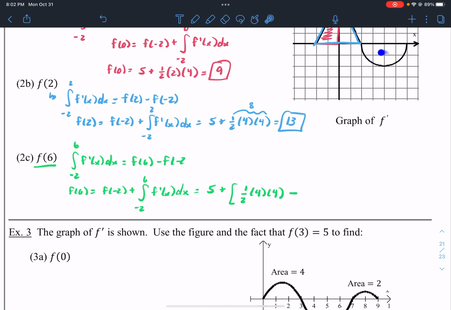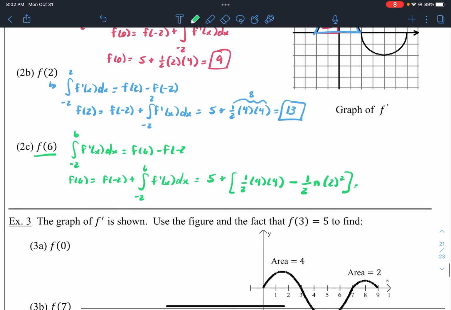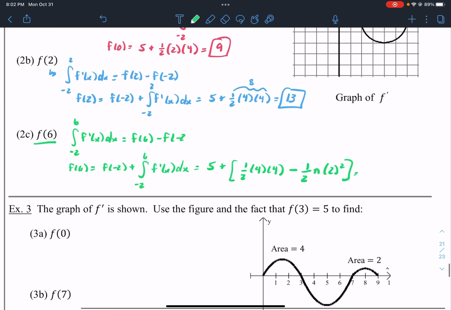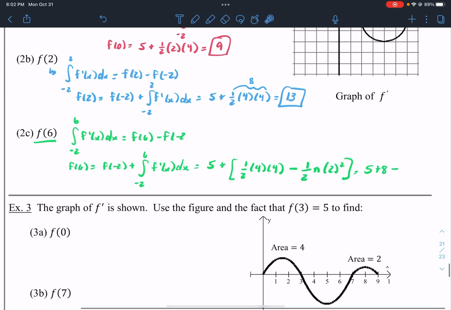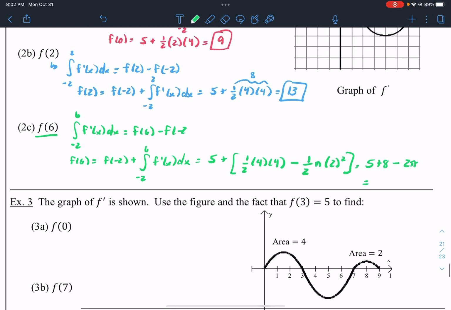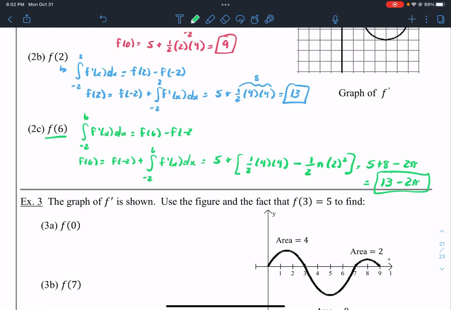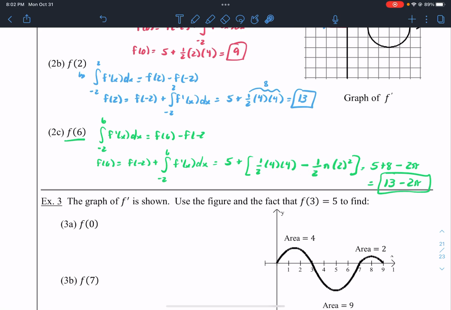The formula for area of a circle is pi r squared, but I'm going to do half of that since it's a semicircle, pi, and then the r is 2. So we'll do 5 plus 8, but then we're going to subtract 1/2 pi times 4, which becomes 2 pi. That's where we get 13 minus 2 pi for the area. And so my actual value for f of 6 is given by 13 minus 2 pi.